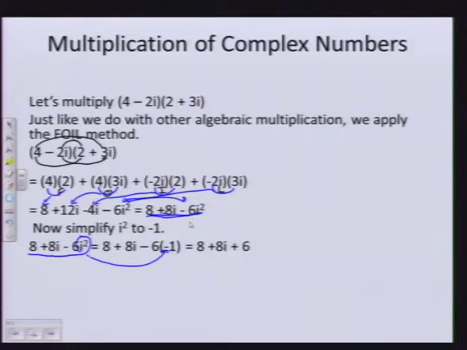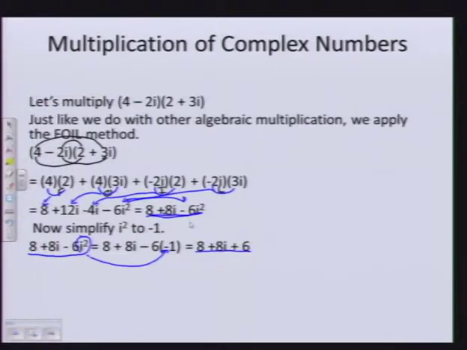Now we have 8 plus 8i minus 6 times negative 1. Negative 6 times negative 1 gives us a positive 6, and so we end up with 8 plus 8i plus 6.